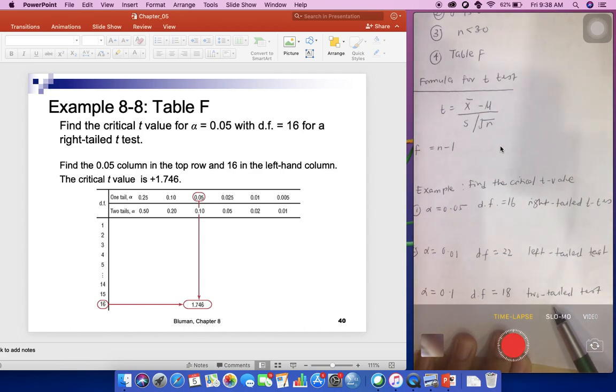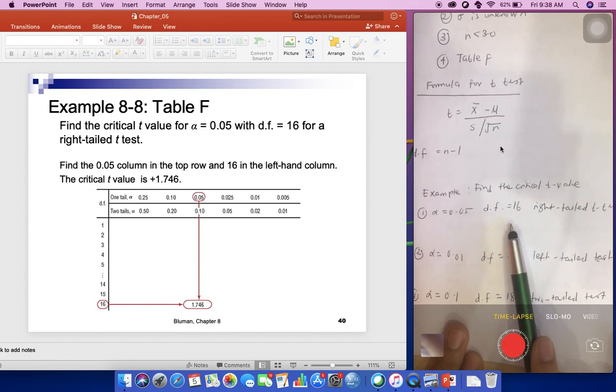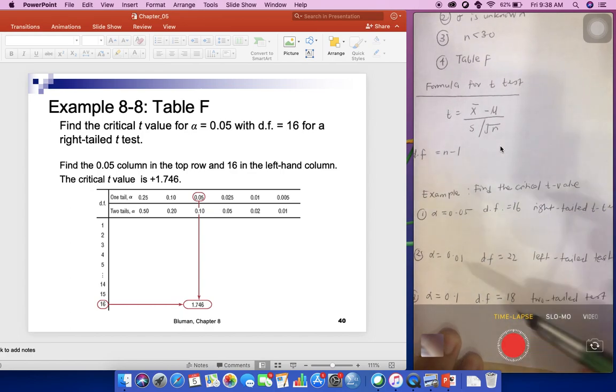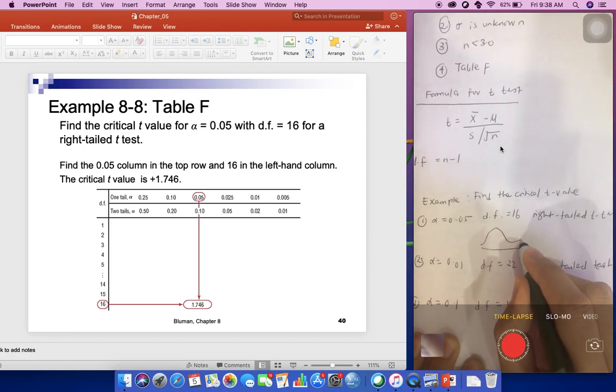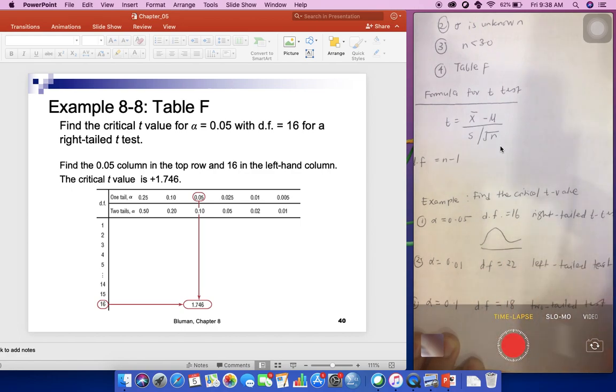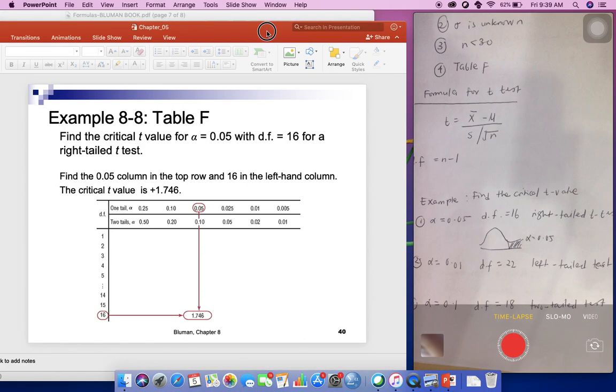For the first example, alpha equals 0.05 when the degree of freedom is 16. When you draw your distribution, you can see that alpha equals 0.05 for the right tail is here. Let's see table F.